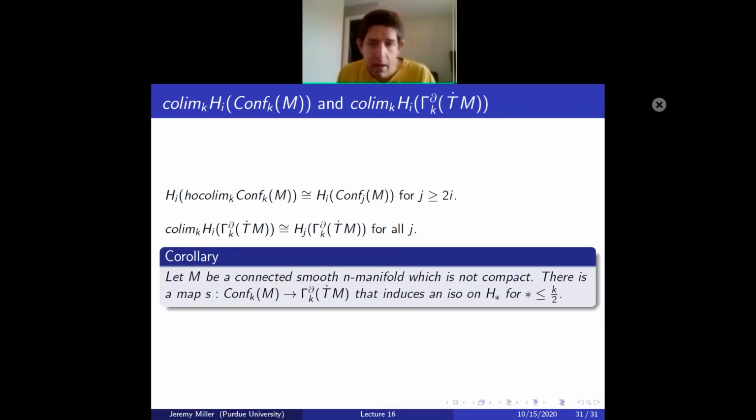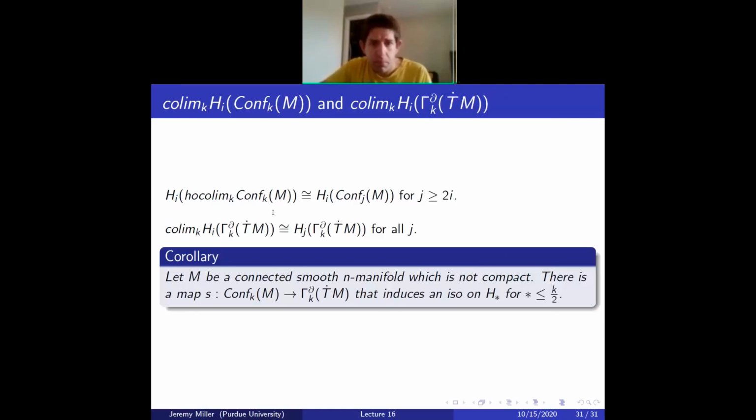And then, assuming we've proven that, we get a further corollary. By homological stability, all of the maps in this homotopy colimit are isomorphisms on homology once you have at least 2i points.